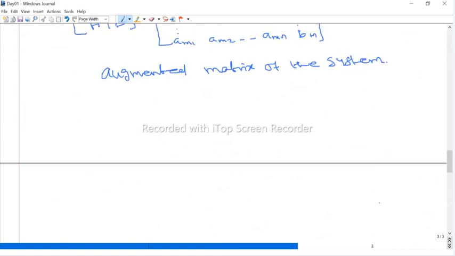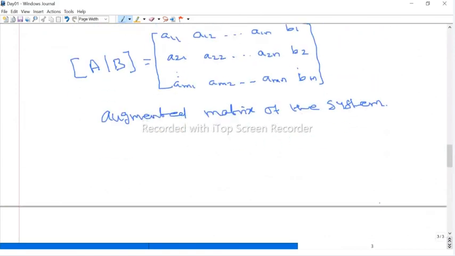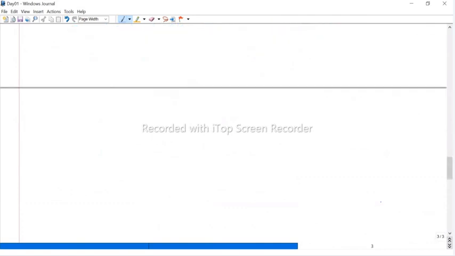Now, what do you mean by row operation? Elementary row operation means what? There are three kinds. So now we are writing here elementary row operations.